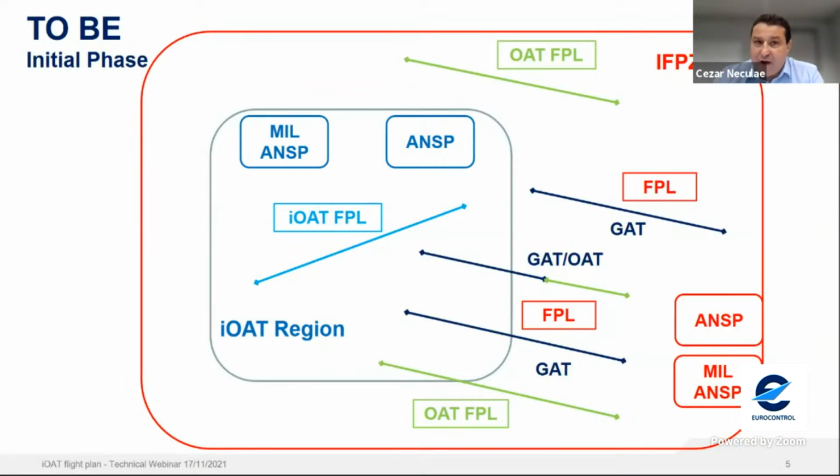So if a military operator goes from the improved OAT region outside, he will use today's mechanism. If it's a pure OAT flight plan, we use the normal local flight plan, which will not be processed by FPS.